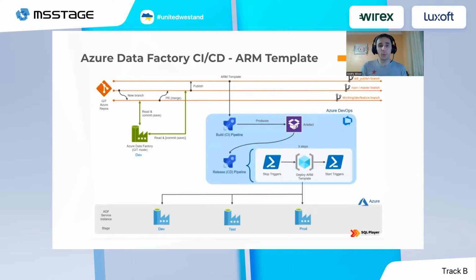But the code means the pipelines in code, the JSONs that have the configuration for pipelines. Then we have the separate folder called the ADF publish branch, and this branch is used for ARM templates. So all the data factory is stored in ARM templates, and the pipelines are stored in JSON files.